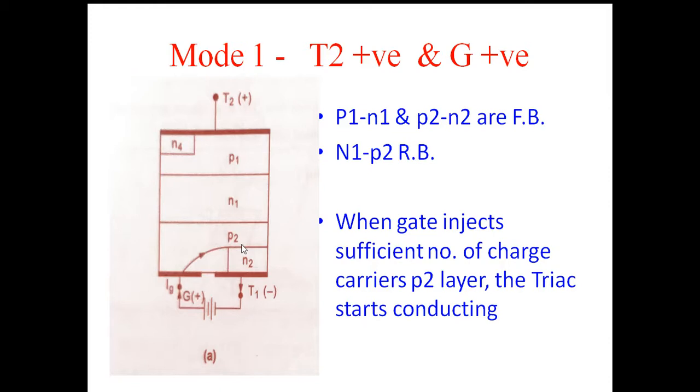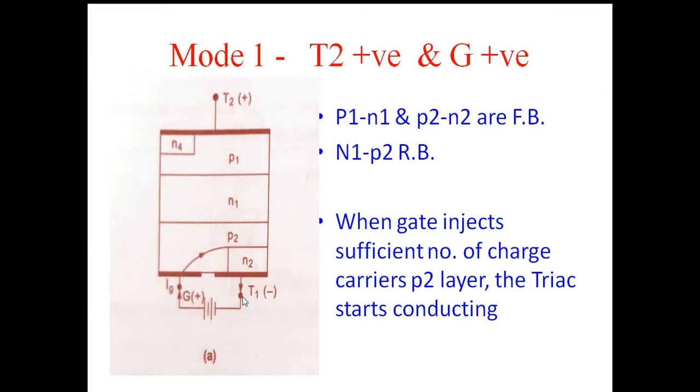Whenever the gate signal is applied, it will drive current from layer P2 to N2. When the gate injects a sufficient number of charge carriers into the P2 layer, the reverse biased junction N1P2 will break down. The conduction will take place from T2 to T1.